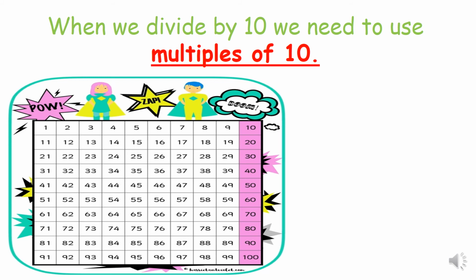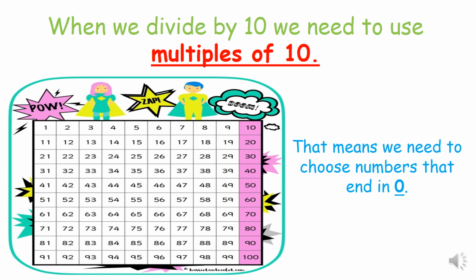So those special numbers that end in 0, that have 0 ones. So when we're selecting a number to divide by, it needs to be either 10, 20, 30, 40, 50, 60, 70, 80, 90, or 100 when we're dividing by 10.